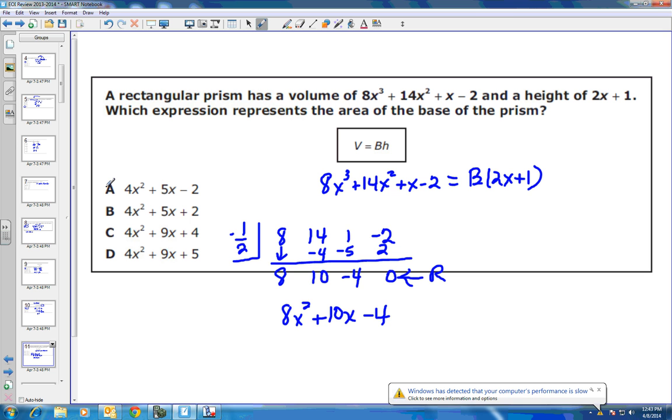So which one's my answer? A. Because I need to divide each of these numbers by 2. See, whenever you look at something and you think, oh, wow, I'm way off, then check your answers and compare them. A lot of times you can probably see what you did wrong.